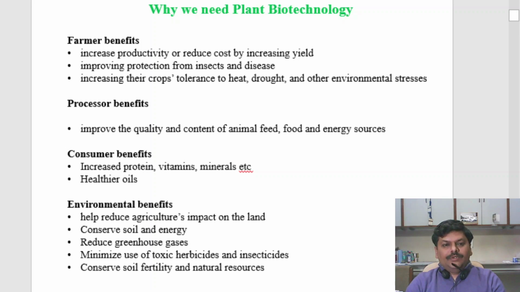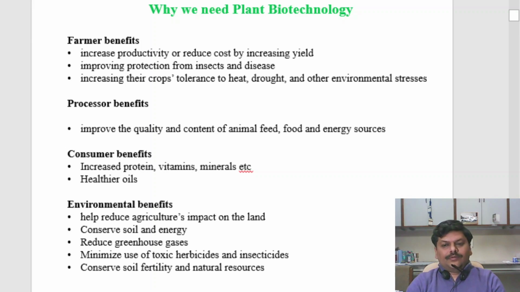Plant biotechnology has been used for many years for making superior crop varieties which are resistant to insects as well as various bacterial or fungal diseases.